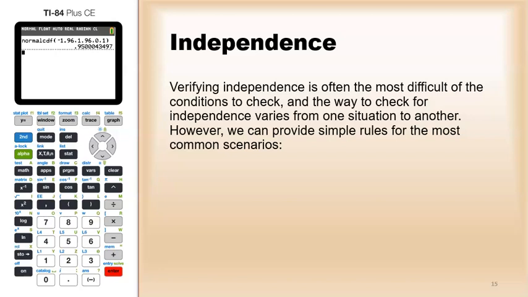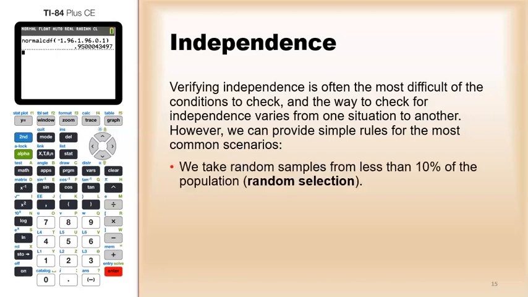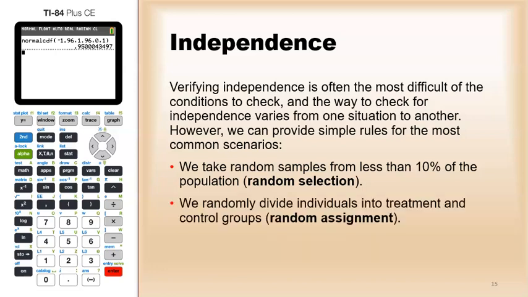But for us, we'll just leave it at this: if your sample is random, we'll assume independence. So if we take random samples from less than 10% of the population, that's random selection, or if we randomly divide individuals into treatment and control groups, that's random assignment. If we have either of those, we can assume independence. The key word is that our sample is random.